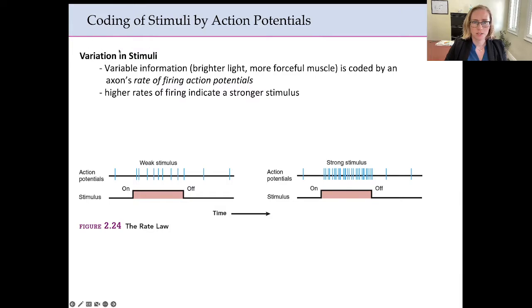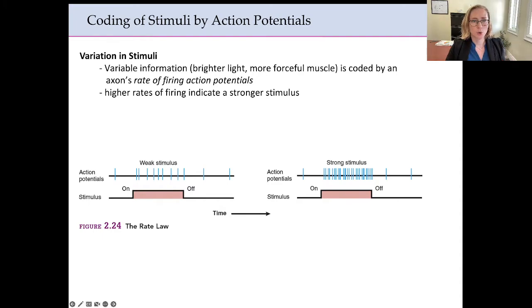So the variation in stimuli, let's take, for example, the visual system. We have a dim light versus a bright light, or you have to move your muscles a little bit to pick up a pencil, or you have to move your muscles a lot for weightlifting, right? So there's a difference in the strength of the stimuli that we're talking about. Someone's listening to music quietly, or they're blaring it in their ears.